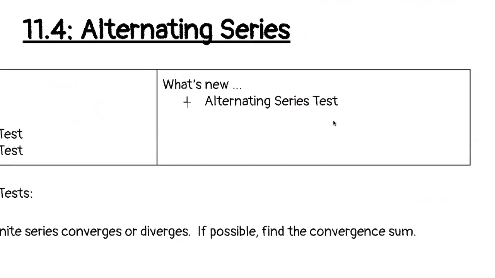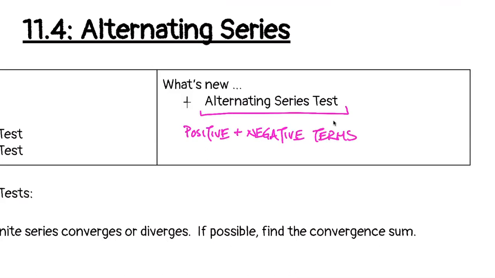And so what we've done so far is all of the tests we've looked at have dealt specifically with positive terms or overall positive terms. But in this test, we're going to start to look at what happens if we have positive and negative terms in the same series.